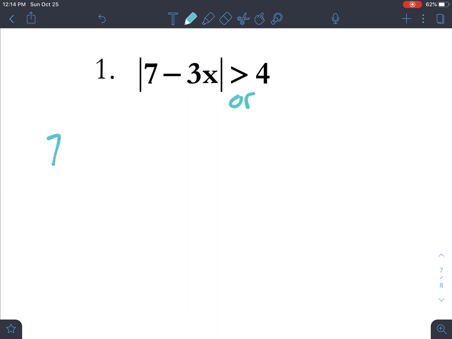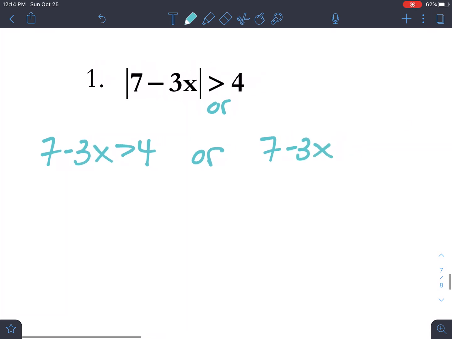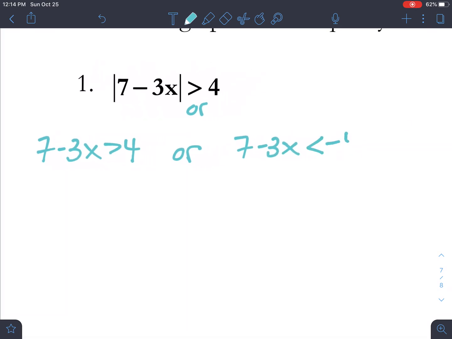Well, either when 7 minus 3x is greater than 4, or when 7 minus 3x, now watch this, is less than negative 4. So flipped and flipped. I flipped the sign and I flipped the negative and positive. I write it exactly as it is without absolute values, and then I flip the inequality and flip the sign.